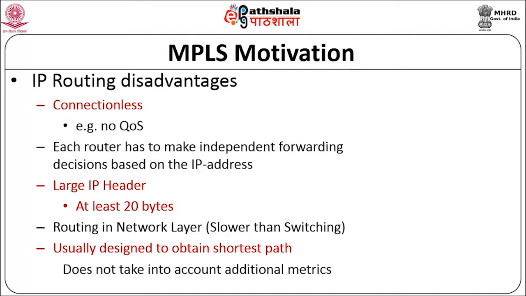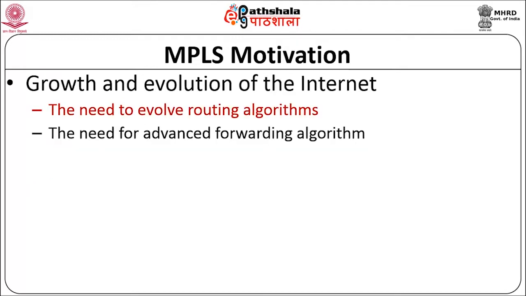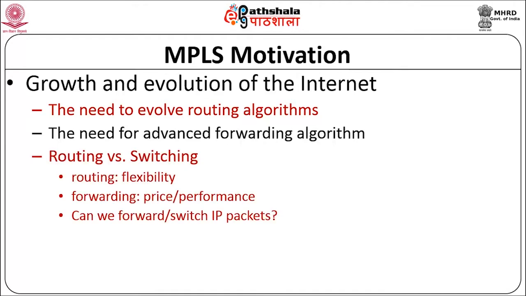Now the requirement for QoS, the requirement of faster processing, all these things have come about because many new applications have come up which demand a lot of bandwidth and a lot of speed from the internet. So with the growth and the evolution of the internet, there is a need to evolve the routing algorithms, a need for an advanced and efficient forwarding algorithm.